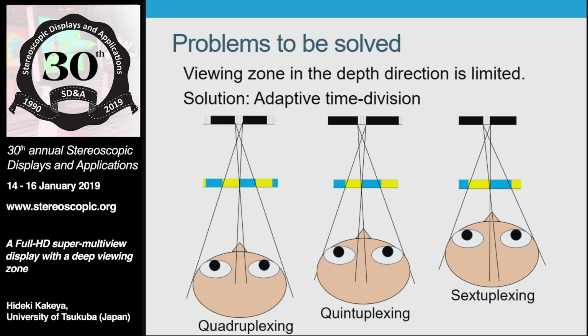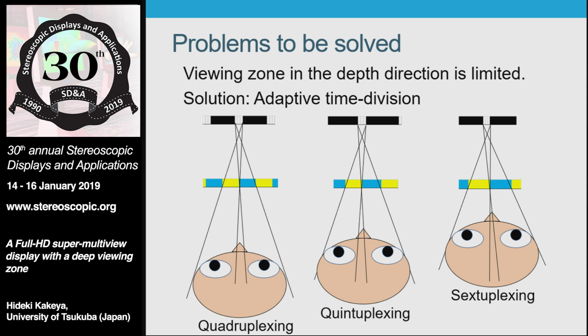It's not that wide. So when viewers move forward or backward, the eye can easily go out of the viewing zone. We want to adaptively change the width of the viewing zone for the left eye and the right eye when the viewer moves backward and forward.